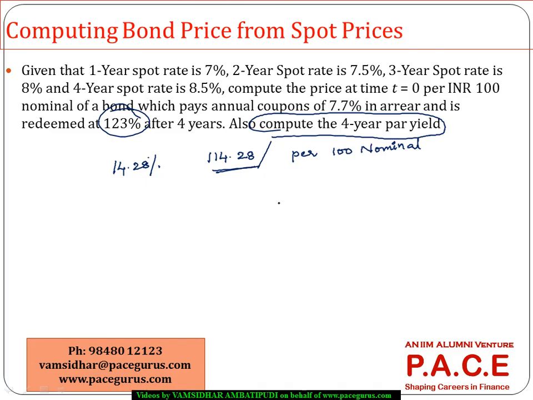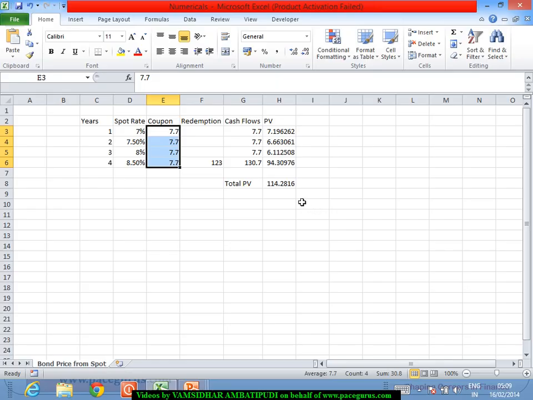So what is that particular element where the coupon value is the same as the yield? That is what we are talking about, the coupon value being the same as the yield.